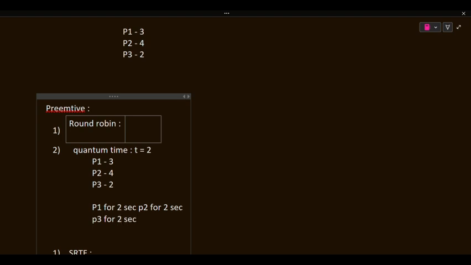Then again it will come to the starting point and execute P1 for the remaining 1 second, and P2 for 2 seconds. In this manner, the round robin will execute all the processes, making sure that the response time of each process is as low as possible.